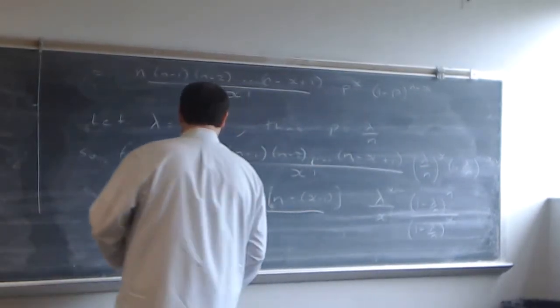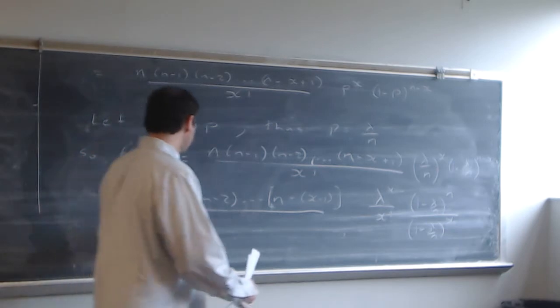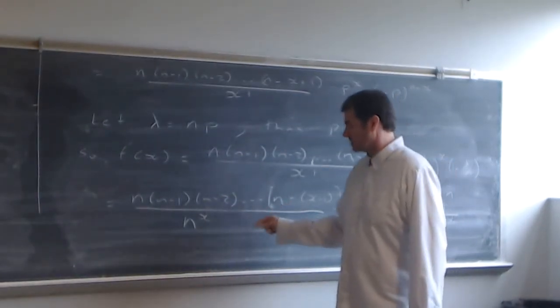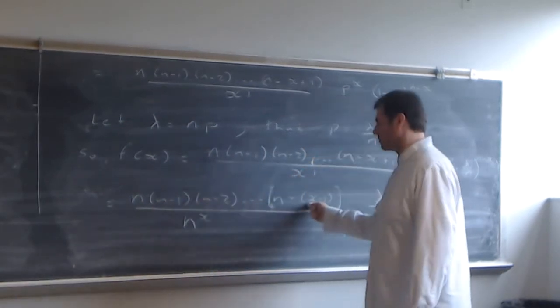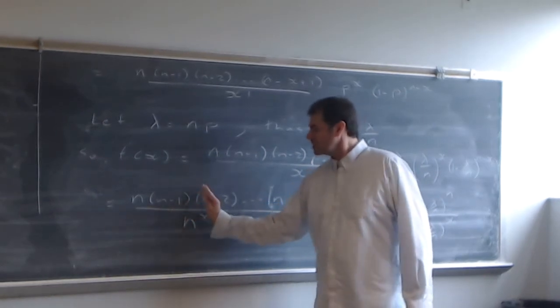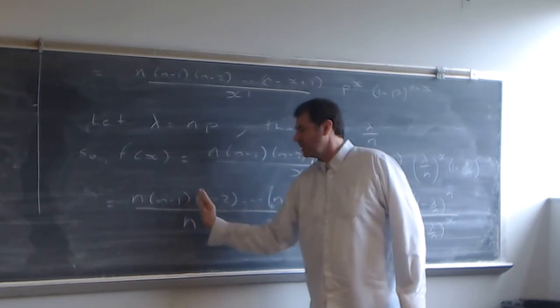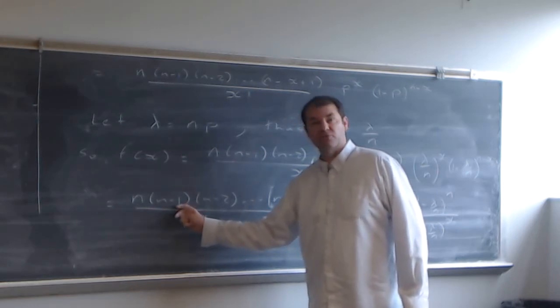Okay? And one thing, when I first look at this, that I want to point out to you, is that if you look at the number of factors in the top part of this fraction, here's 1, 2, 3, I don't know how many there are. Well, let's see what's being subtracted from n. If I just look at the part to the left here, I've got two factors, n and n minus 1. And what's being subtracted from n is 1, yet I've got two factors. So it's 1 more than what's being subtracted from n.